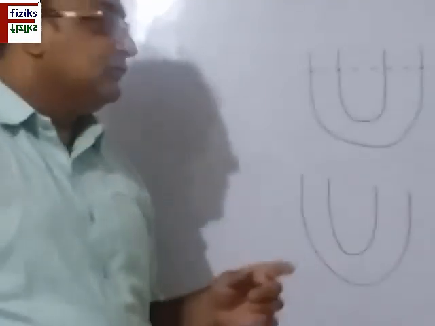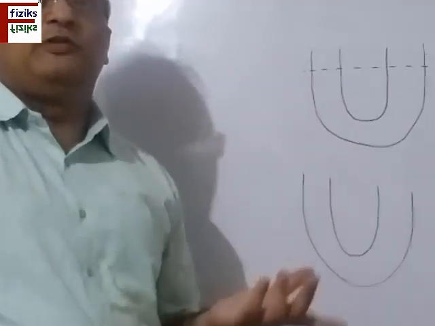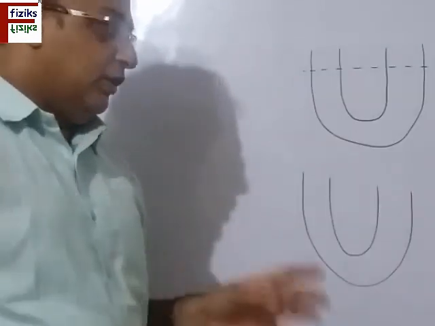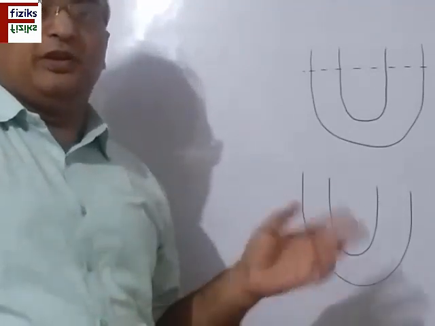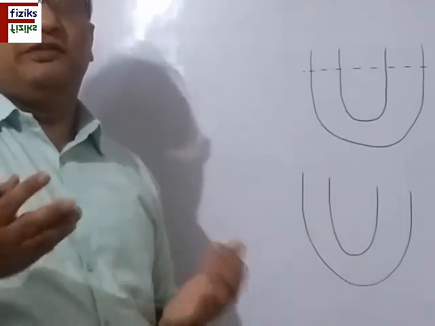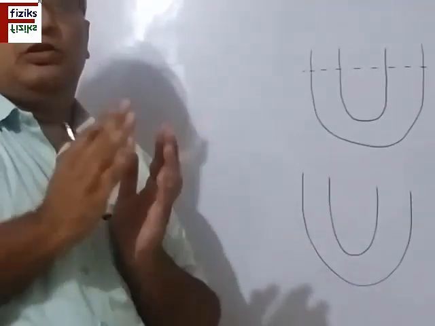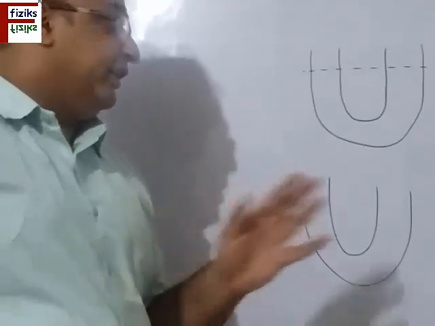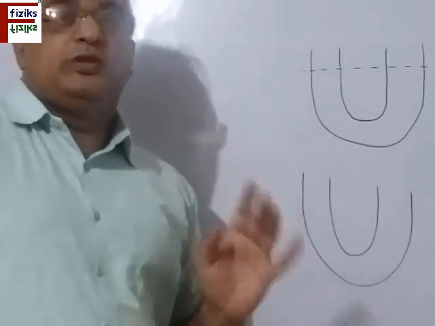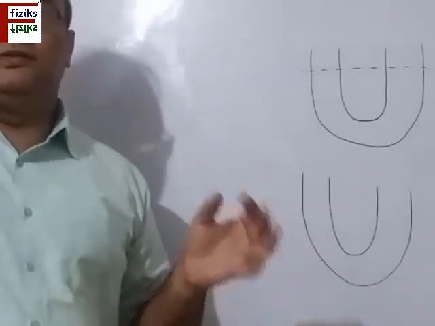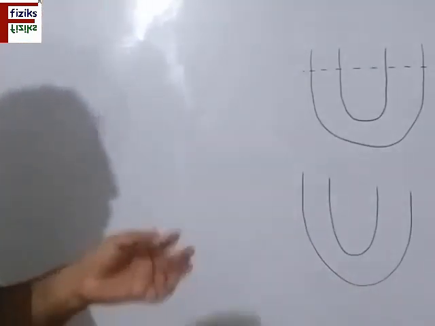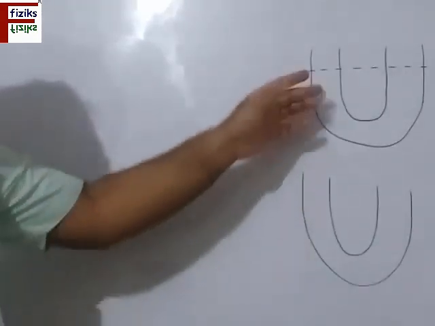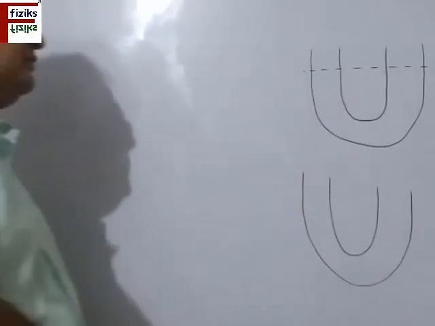Solve this question. This is the U-tube of uniform cross section. Now I have discussed the question previously in which the U-tube is having non-uniform cross section. On one side the cross section area was more than on the other side. Here it is constant. So you should keep in mind whether the cross section area is same or not. It is same. Initially it contains mercury.